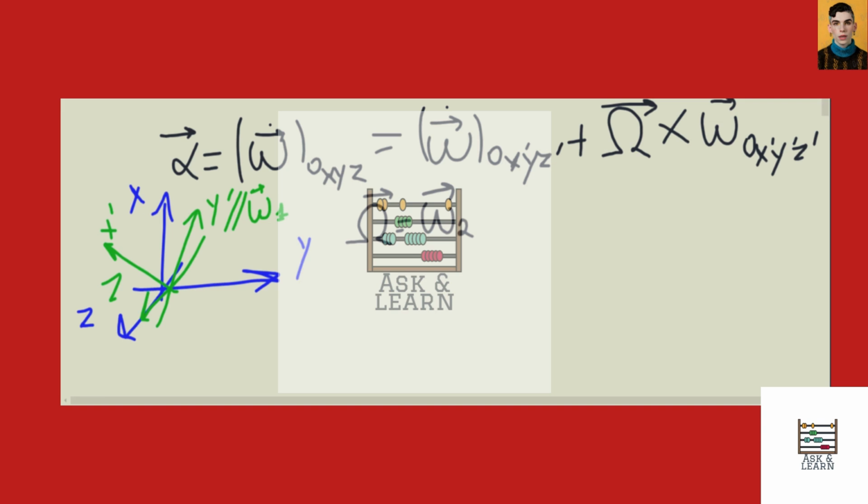So the angular velocity from the point of view of the rotating frame is just omega 1.